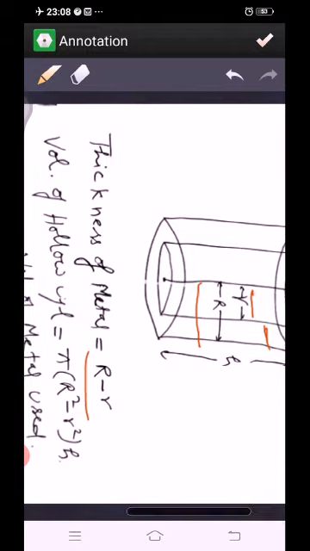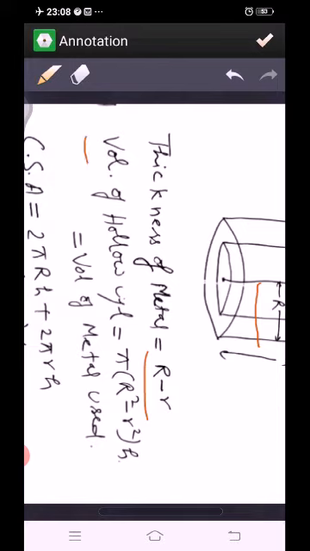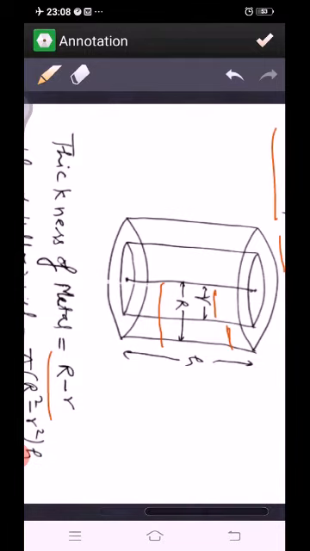Then volume of hollow cylinder. So volume of hollow cylinder will be equal to the volume of metal used. How much metal is used, that will be the volume of the hollow cylinder. So it will be external volume minus internal volume.